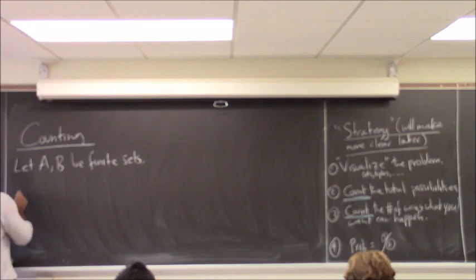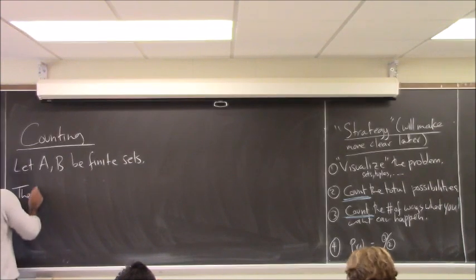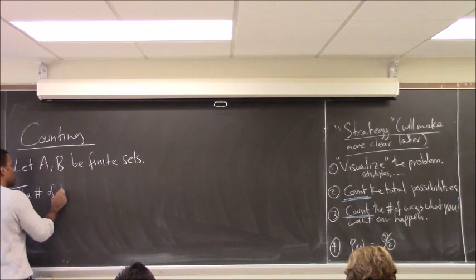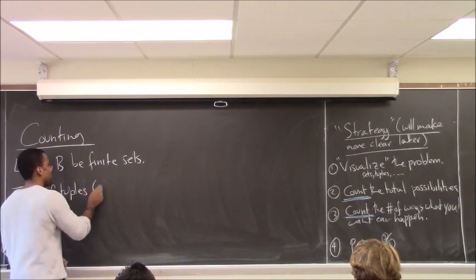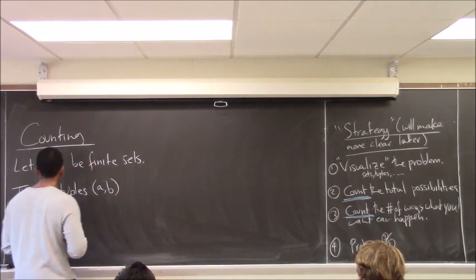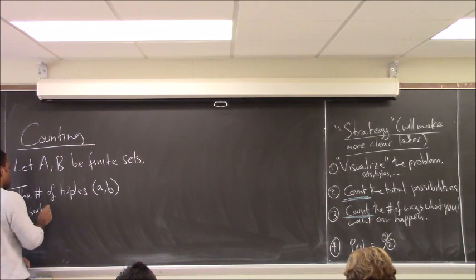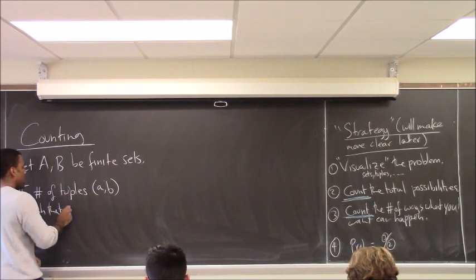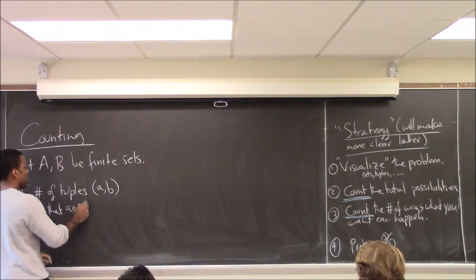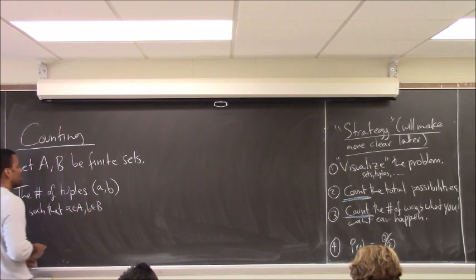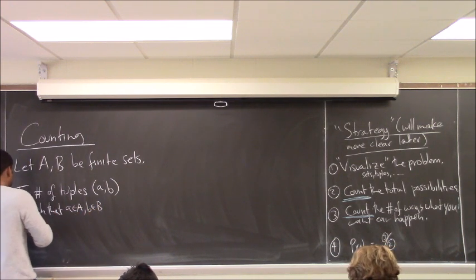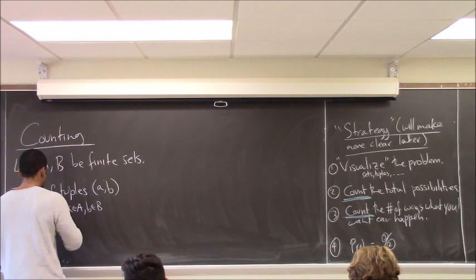So then the number of tuples (a, b) such that a comes from the first set and b comes from the second set that can be formed.